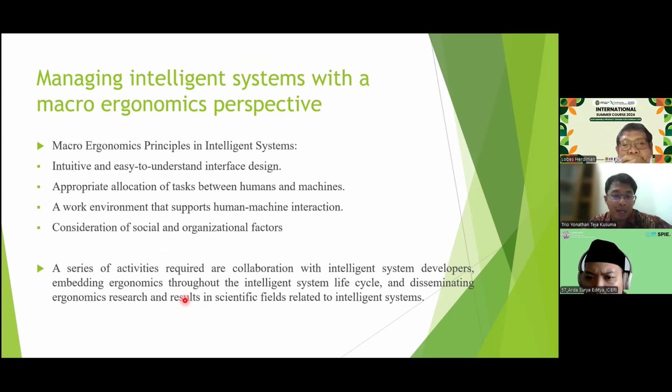A series of activities required are collaboration with intelligent system developers, embedding ergonomics throughout the intelligent system lifecycle, and disseminating ergonomic research and results in scientific fields related to intelligent system.